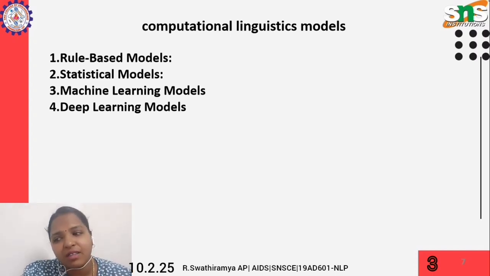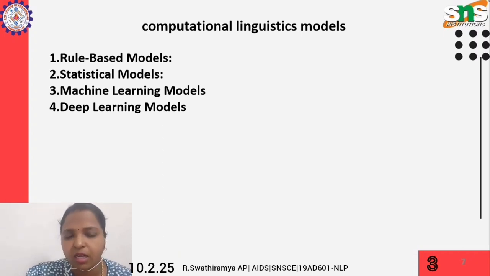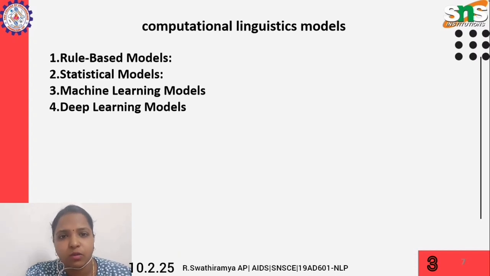We have four sets of computation. We have a different set of linguistic models in NLP. Based on the models, it will process our natural languages. Let me tell you about the models briefly; we will see them in depth in the remaining videos.